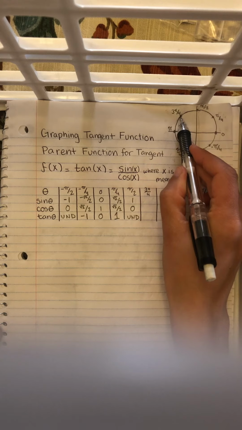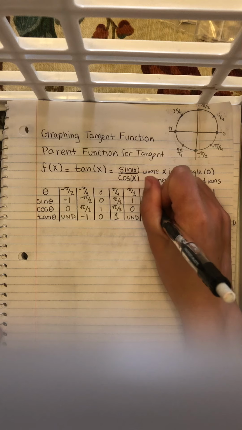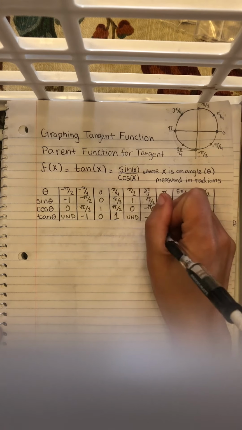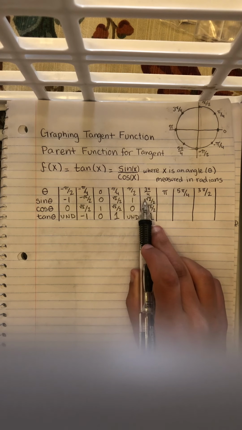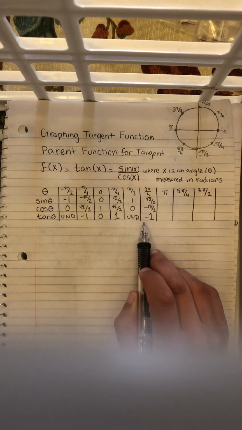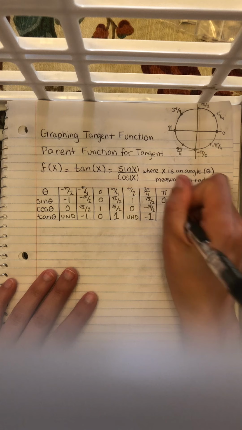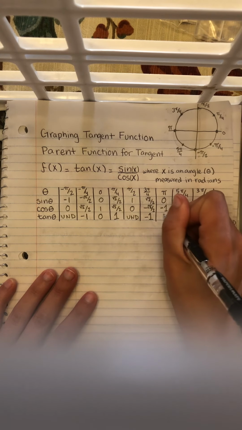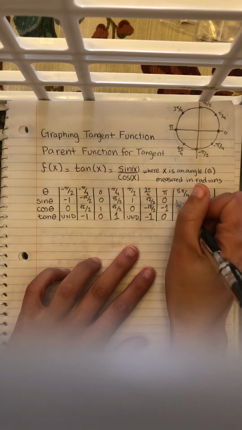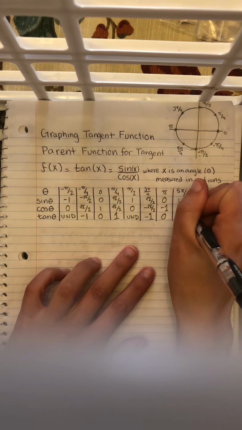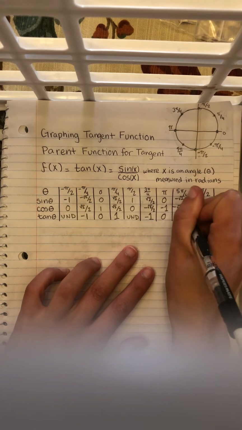And as I keep going around the unit circle, we're going to get enough points to make a complete graph. So the tangent of 3 pi over 4 is radical 2 over 2 divided by negative radical 2 over 2, so negative 1. For pi, we have the sine is 0, the cosine is negative 1, for a value that's 0. 5 pi over 4 and 3 pi over 2 are the last two pieces that we need. 5 pi over 4, negative radical 2 over 2 for both the sine and the cosine.